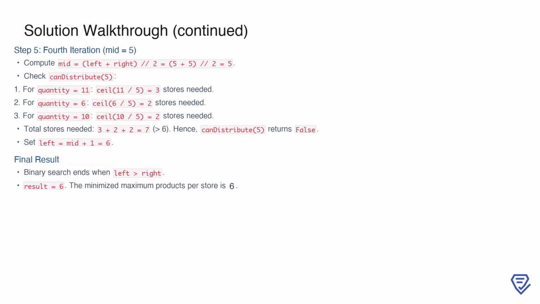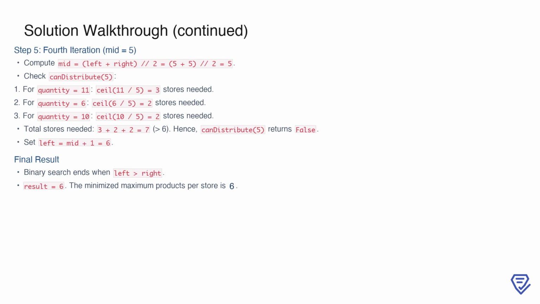Now, the midpoint is recalculated as 5, and we check if distributing products with a maximum of 5 per store is feasible. For 11 products, 3 stores are required, since 11 divided by 5 rounds up to 3. For 6 products, 2 stores are required, and for 10 products, 2 stores are needed. This results in a total of 7 stores, which is still greater than the available 6 stores.